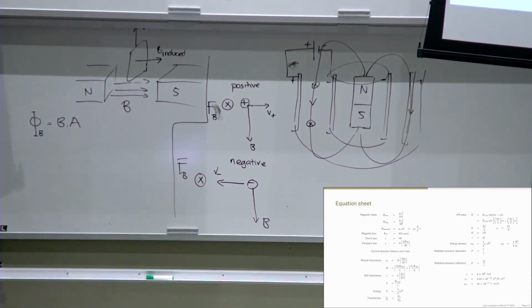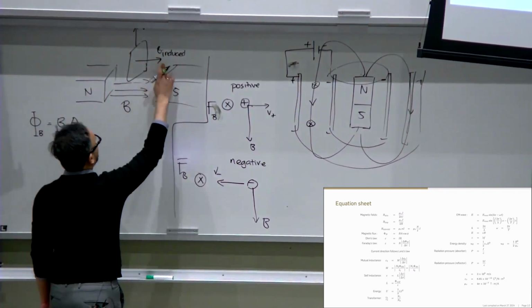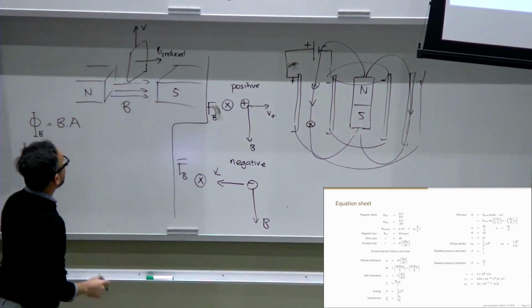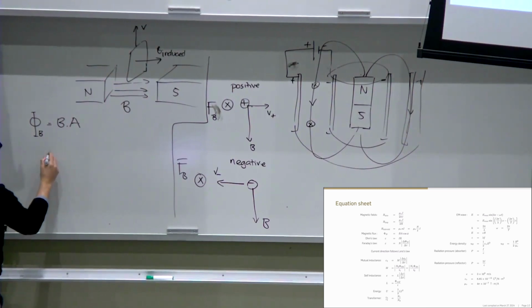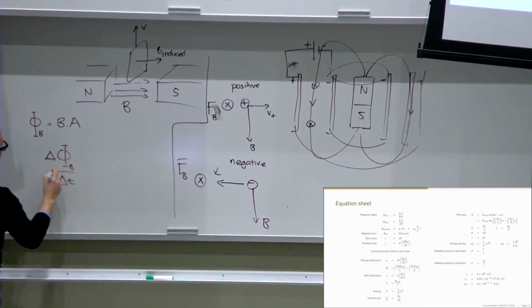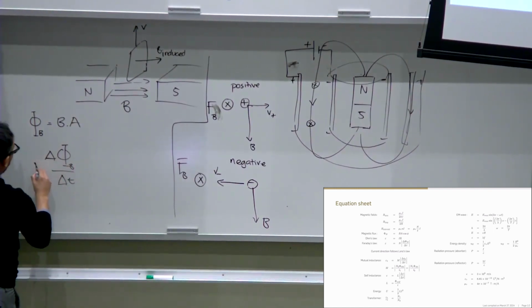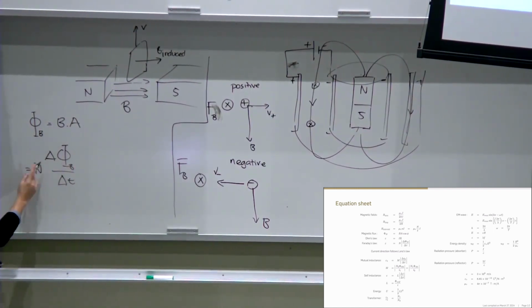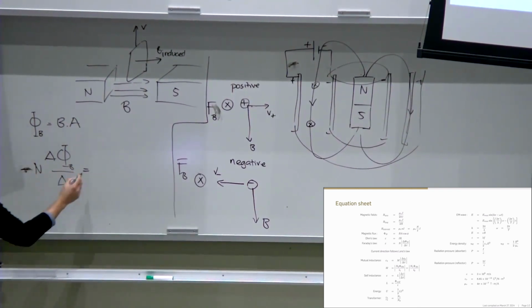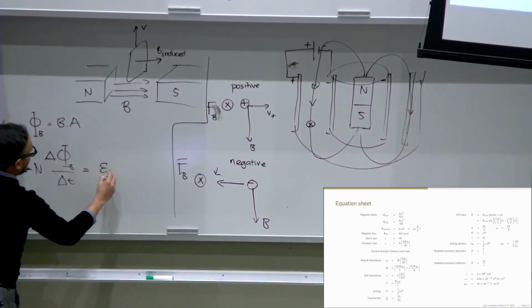And then at this point we're using Lenz's law. We know that if there is a change of flux over time, and you can even have more than one loop, then you will induce an EMF.